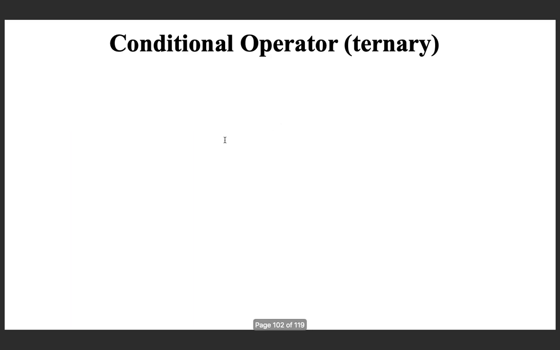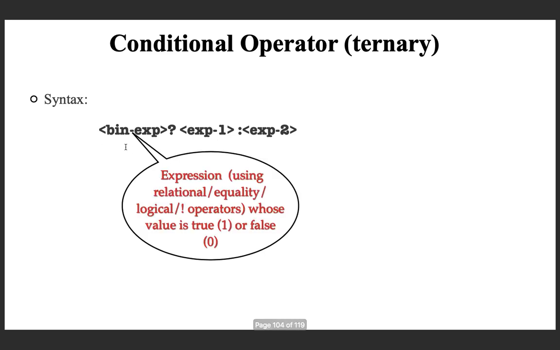So, you can see that the conditional expression has this syntax: a binary expression followed by a question mark followed by an expression, then colon and another expression. At first this binary expression will be evaluated. If it is true, then expression 1 will be evaluated, otherwise expression 2 will be evaluated.